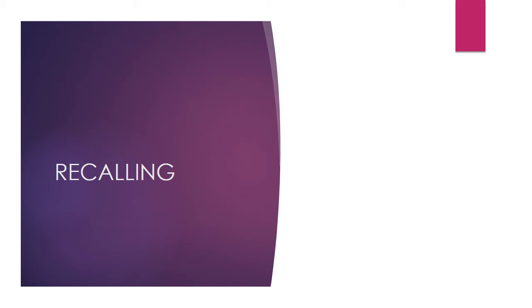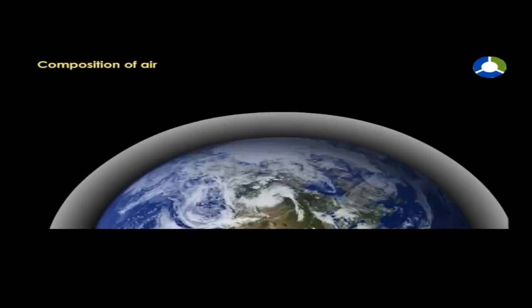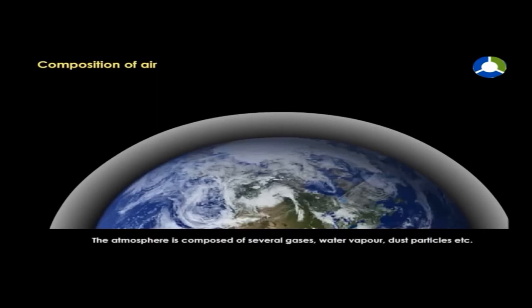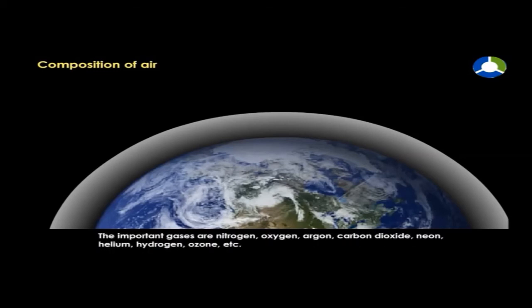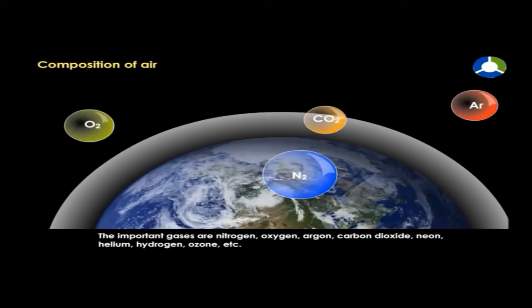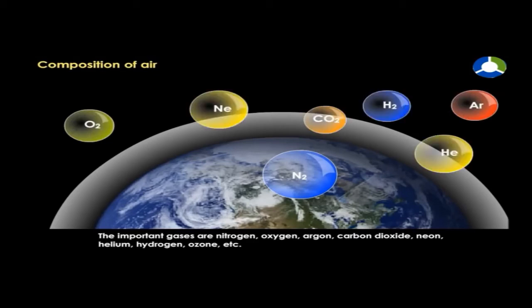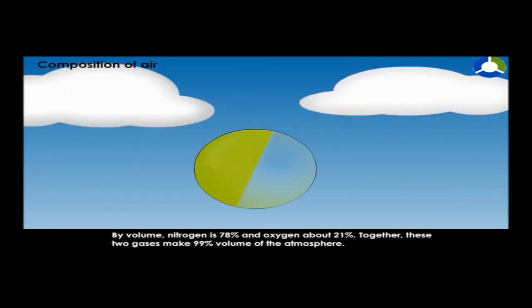Now let's recall some important points of today's lecture by this video. Composition of air. The atmosphere is composed of several gases, water vapor, dust particles, etc. The important gases are nitrogen, oxygen, argon, carbon dioxide, neon, helium, hydrogen, ozone, etc. By volume, nitrogen is 78% and oxygen about 21%.